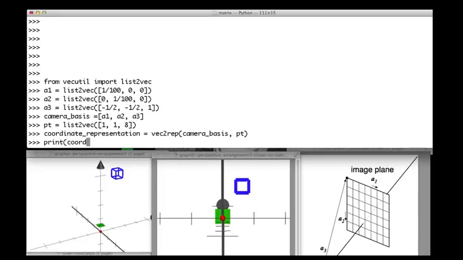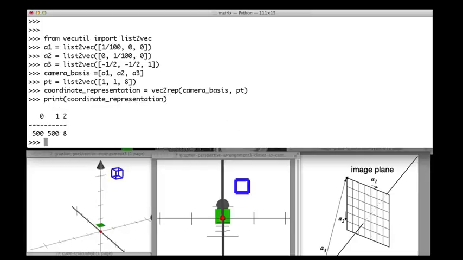Let's look at the result. And this is the coordinate representation for this point way out in the scene. What we want to do is find the corresponding point in the image plane, and we do that by dividing by the third coordinate, 8 in this case.